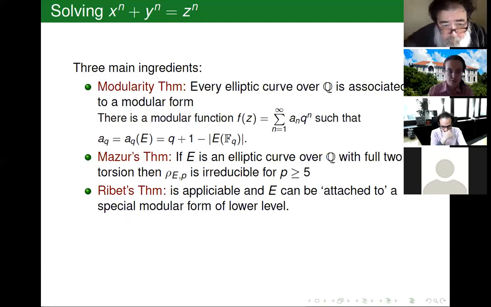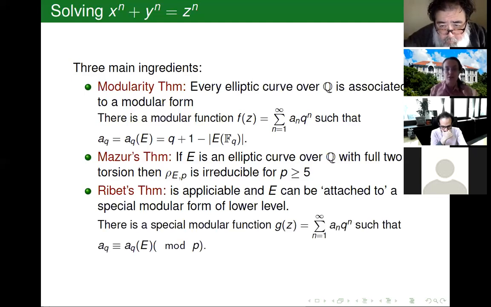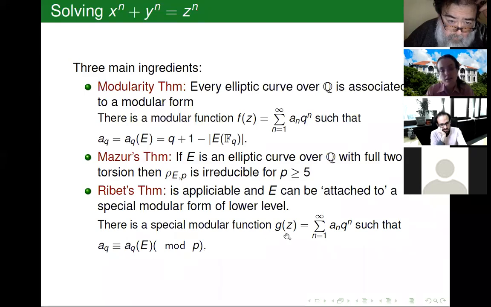This is proved by Ribet. And what's the meaning of this association? Right now, you don't have an equality between the a numbers of your elliptic curve and the Fourier coefficients of the modular form, but you have a congruence, so it's a weaker association. However, the corresponding modular form is simpler than the one that the modularity theorem gives you.